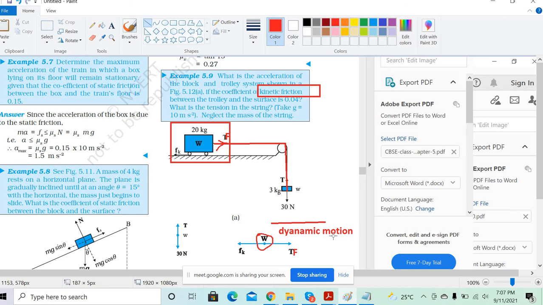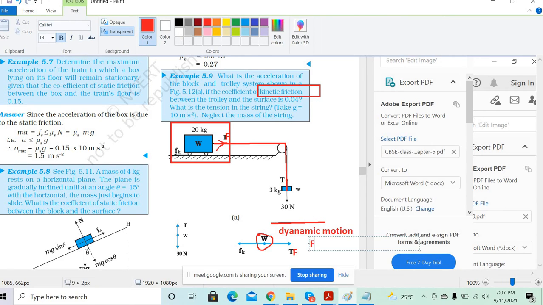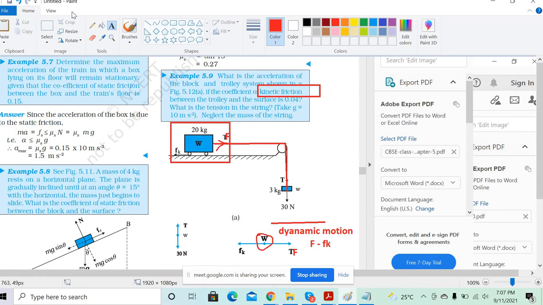The net force will be F minus Fk. Correct? So it's moving towards the right. Okay, next part.